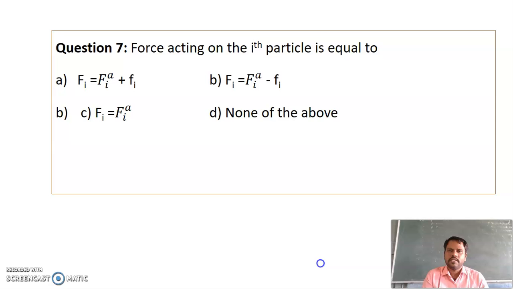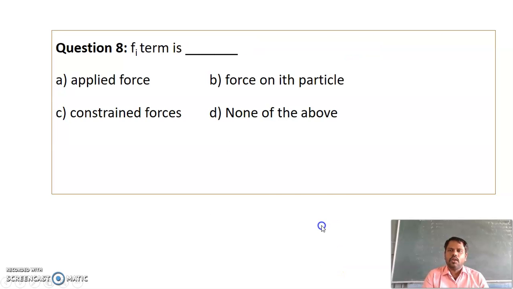Question number 7. The force acting on the ith particle is equal to, we have seen, the sum of external force and force of a constraint. So the option is A. Question number 8. The Fi term is a constraint force.